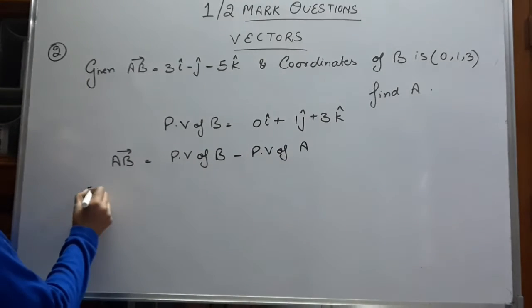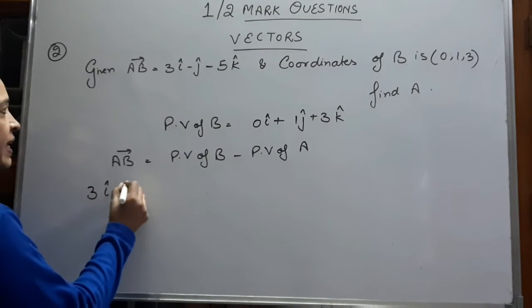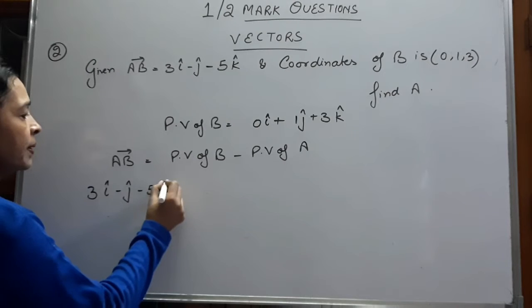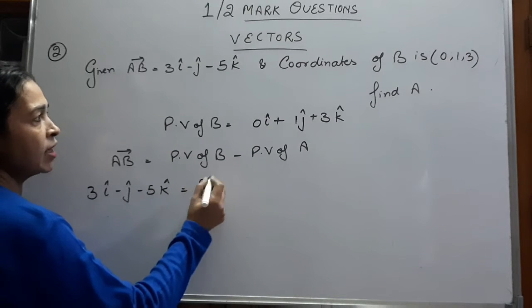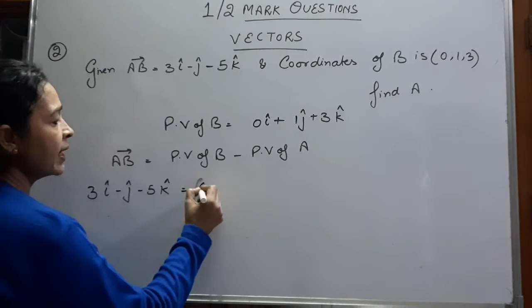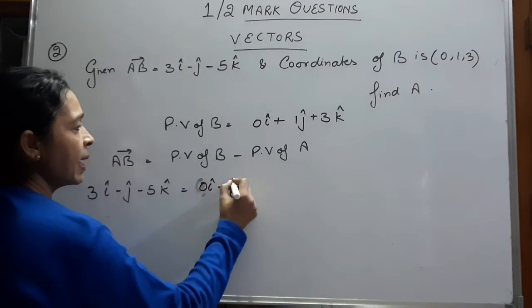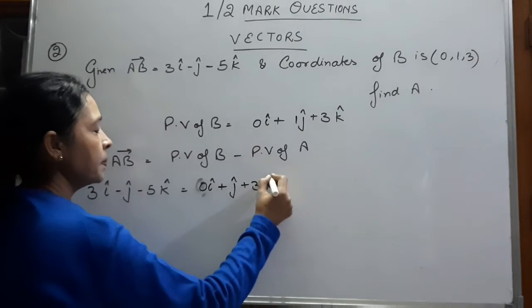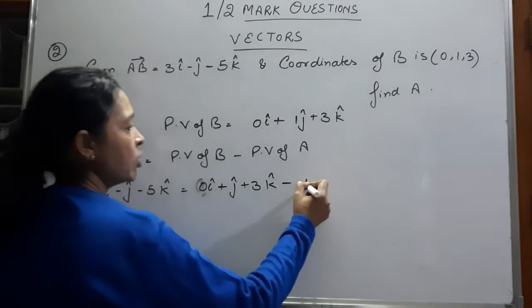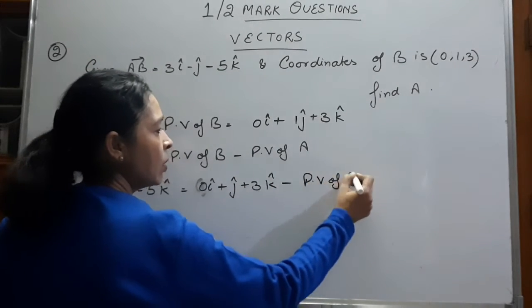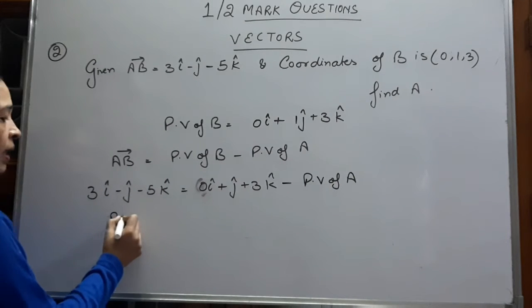Vector AB is 3i cap minus j cap minus 5k cap equals position vector of B, which is 0i cap plus j cap plus 3k cap, minus position vector of A. What will be the position vector of A?